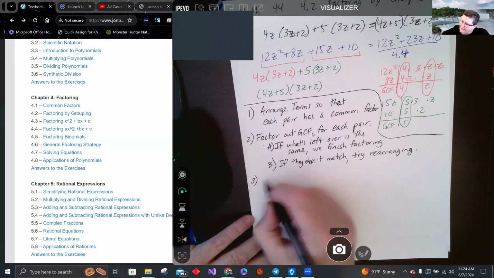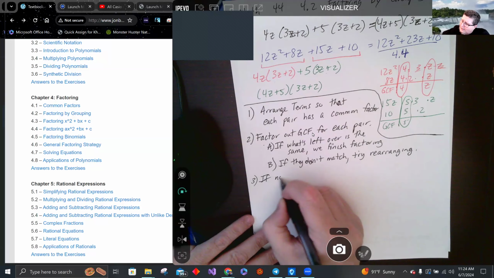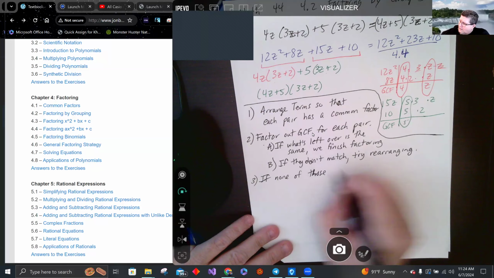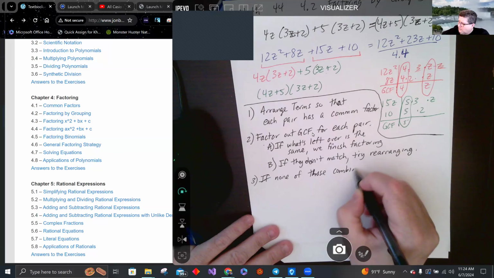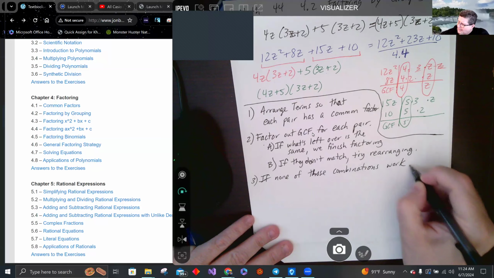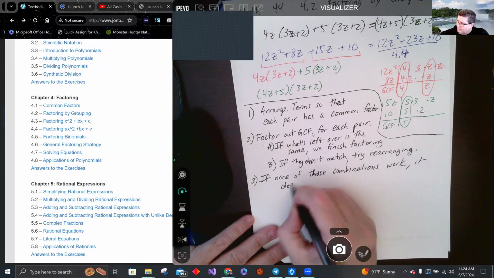And finally, if none of those combinations work, it doesn't factor further.